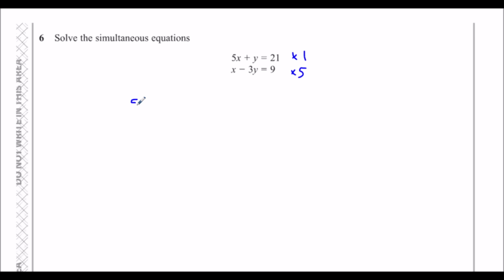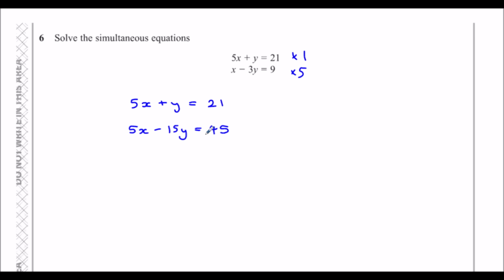So I've got 5x plus y equals 21. And I'm going to multiply the bottom line by 5. So I've got 5x minus 15y equals 45. So I've got 5x and 5x.